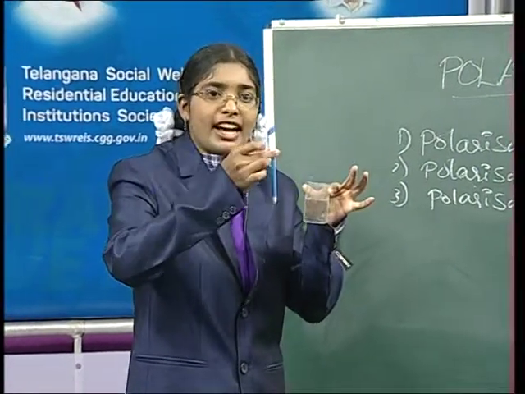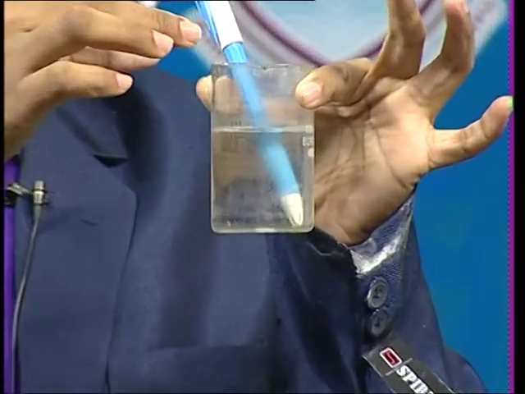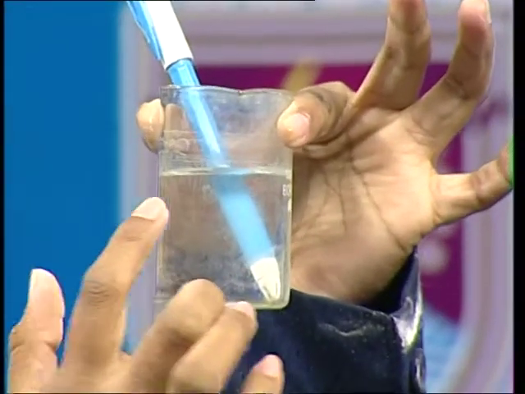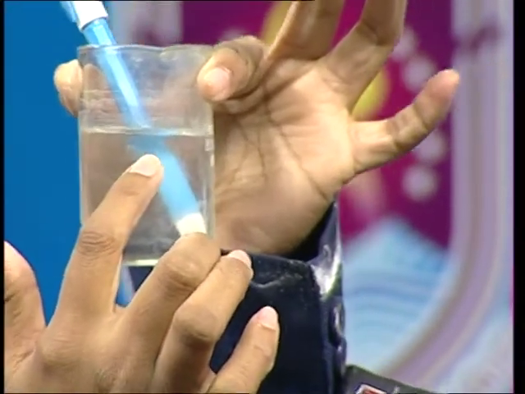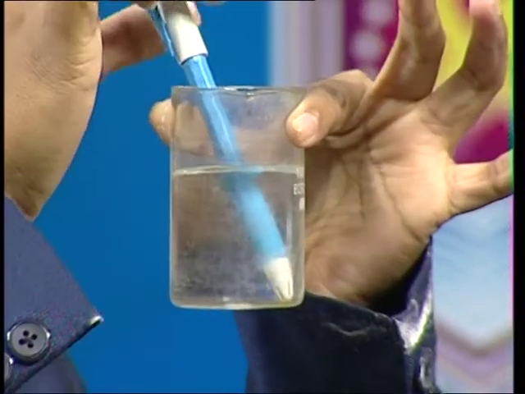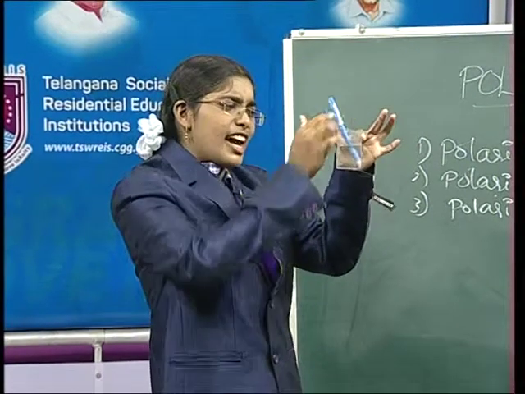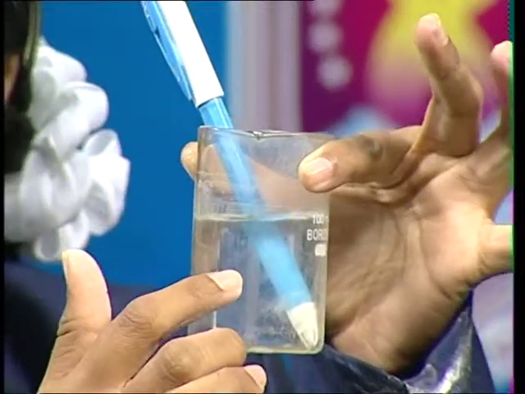It is in a straight line. If this is placed in this water, what can you find here? A slight bending is shown. Can you see that bending? But see how it looks like. It is a straight line. Then why does this bending take place?